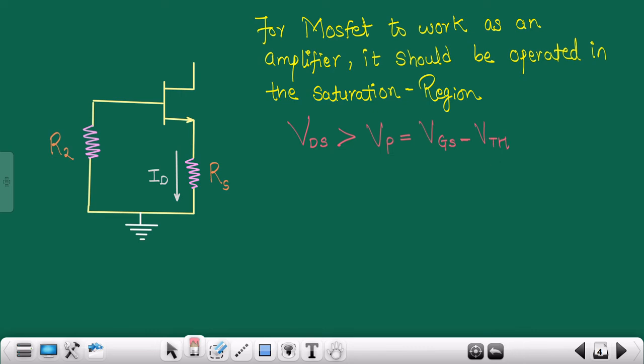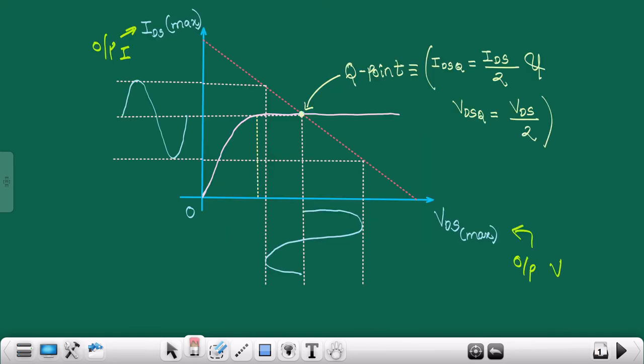That means I'm talking about this particular voltage, see this one over here. So this is your VP, or you can also write it in this way, VGS minus VTH. So this is the voltage I'm talking about. That means this particular region is the saturation region, as you can see.